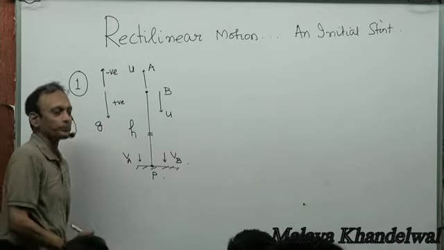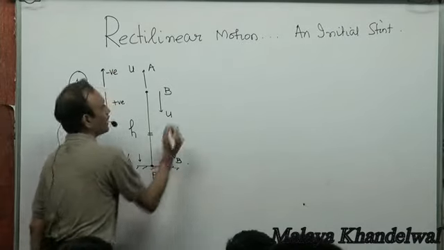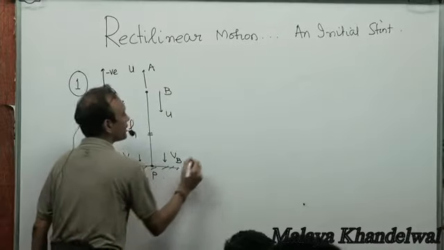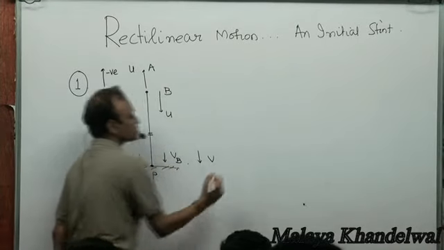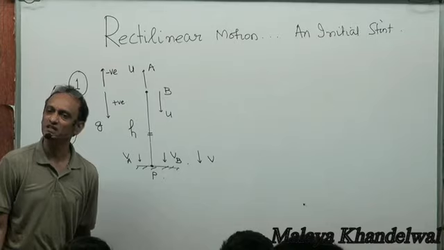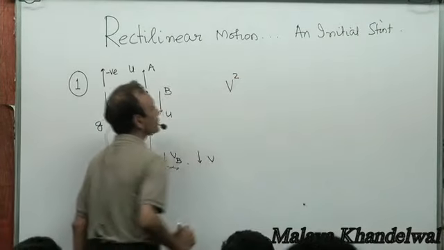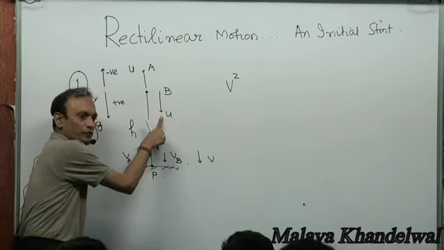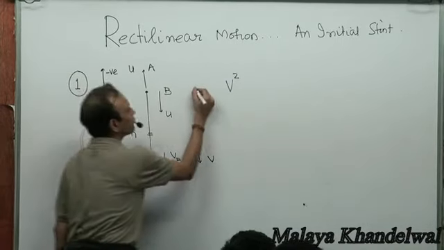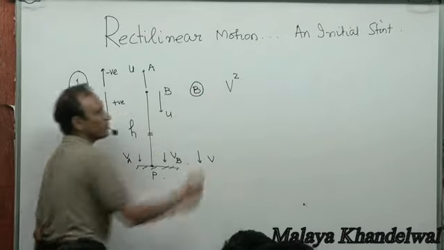All right. Now, on hitting the ground, let's say the velocity with which it hits the ground, A or B, is V. So V squared. Let me look at B, for example. It hits with a velocity V, say.